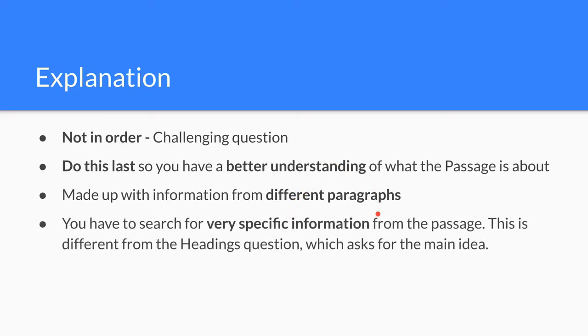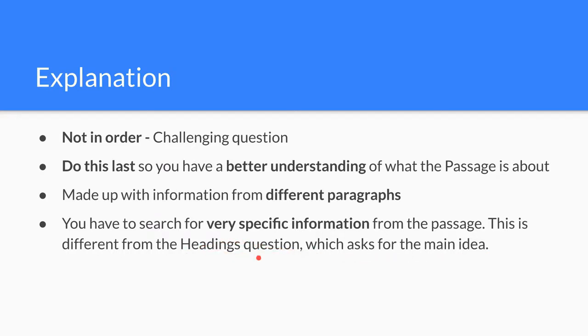And here's the thing about this question. In the paragraph location question, you have to look for very specific information. In the question, it's going to ask you for very specific information, and you have to look for that specific information. This question is different from the headings questions. We're going to cover the headings question in a later video, but right now you just need to understand that the paragraph location question is different from the headings questions in that the paragraph location question asks for very specific information, whereas the headings question asks you for the main idea of a certain paragraph.